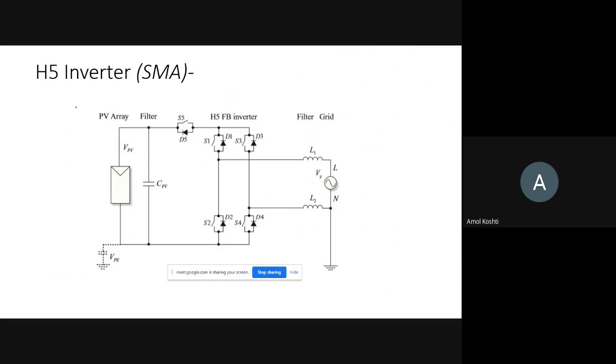Now there is the next inverter, with some modification to the basic H bridge inverter.